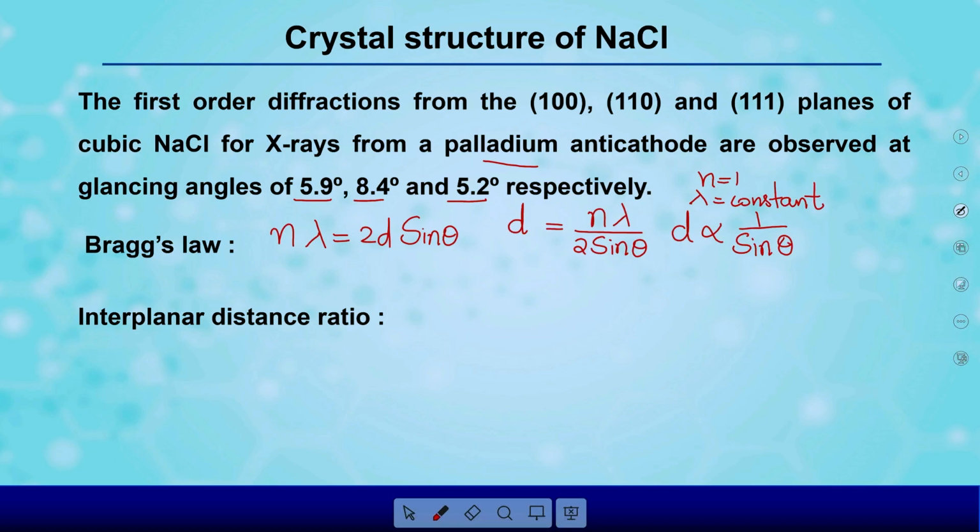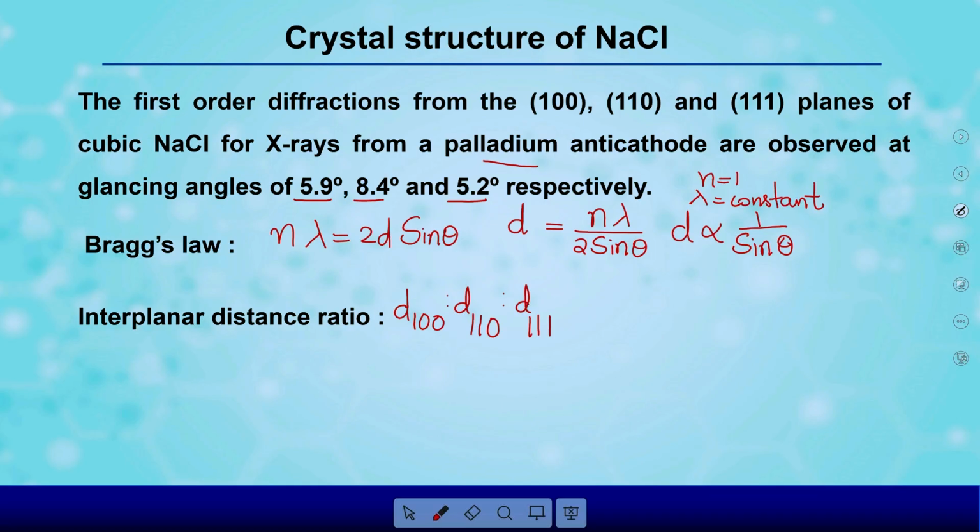We have 3 planes, so the interplanar distance ratio is d100 is to d110 is to d111.